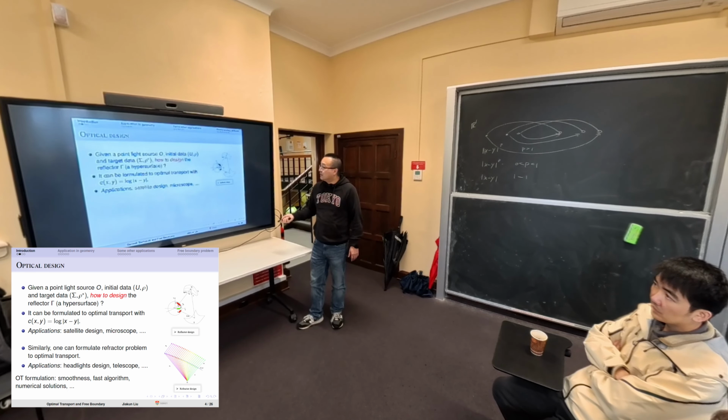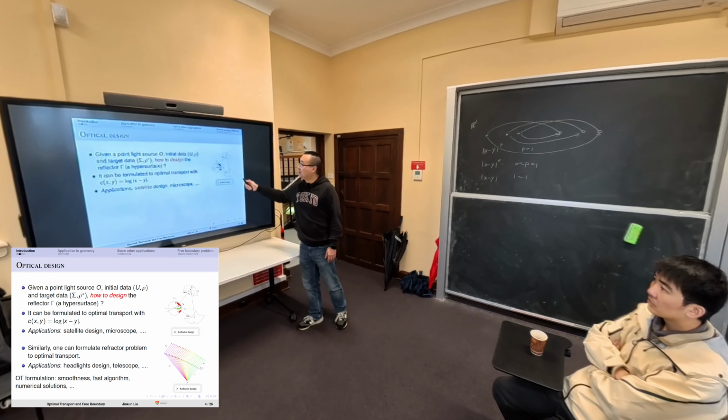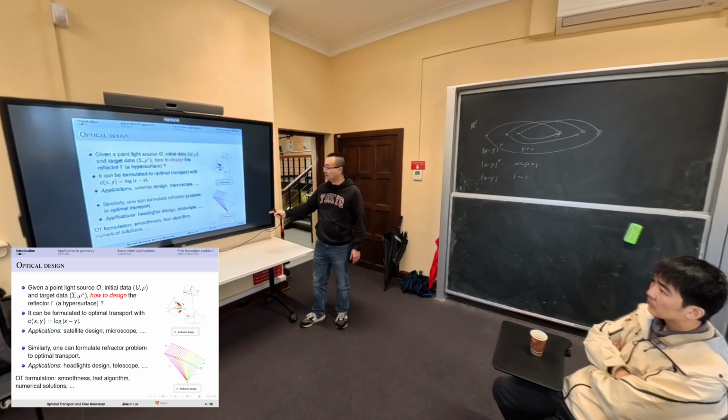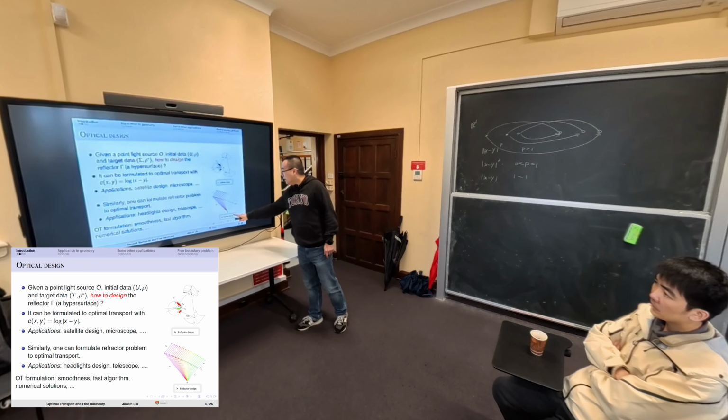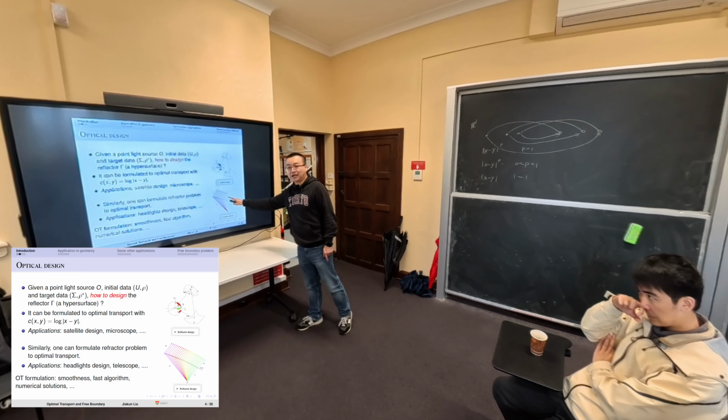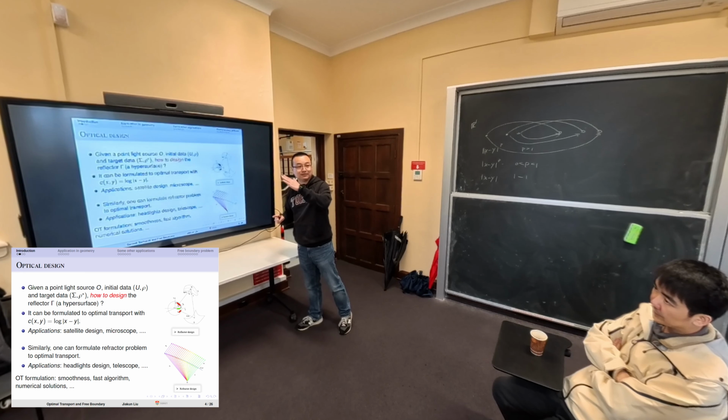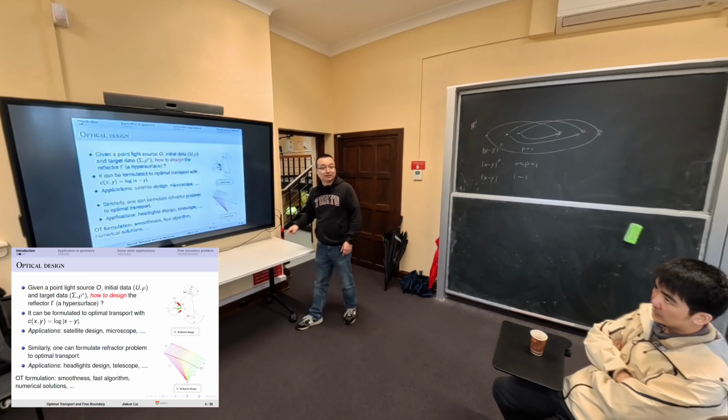Okay? So, as far as we can consider reflector, we can also consider the so-called refractor, right? So imagine the light is passing from one media into a different media, and you have a hypersurface here. So when it crosses a hypersurface, it changes direction, okay? So similarly, given all the initial information and the target information, how can you design such a hypersurface?